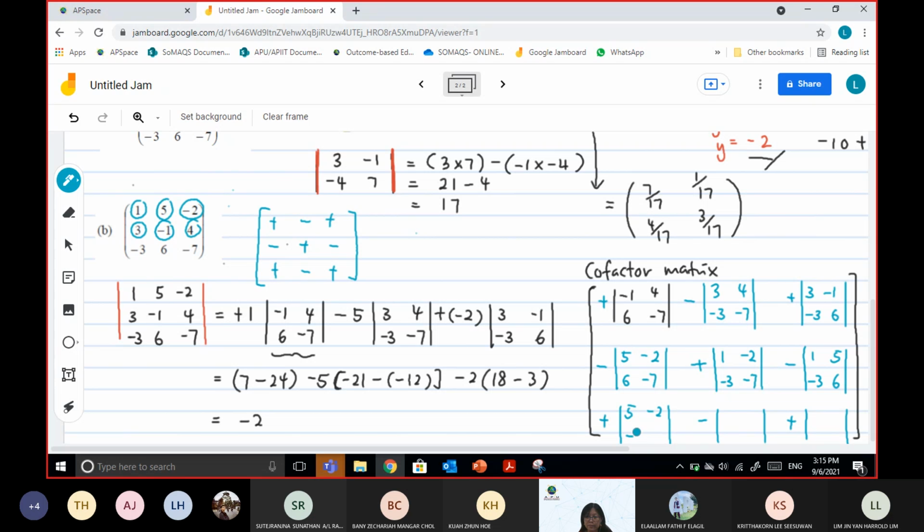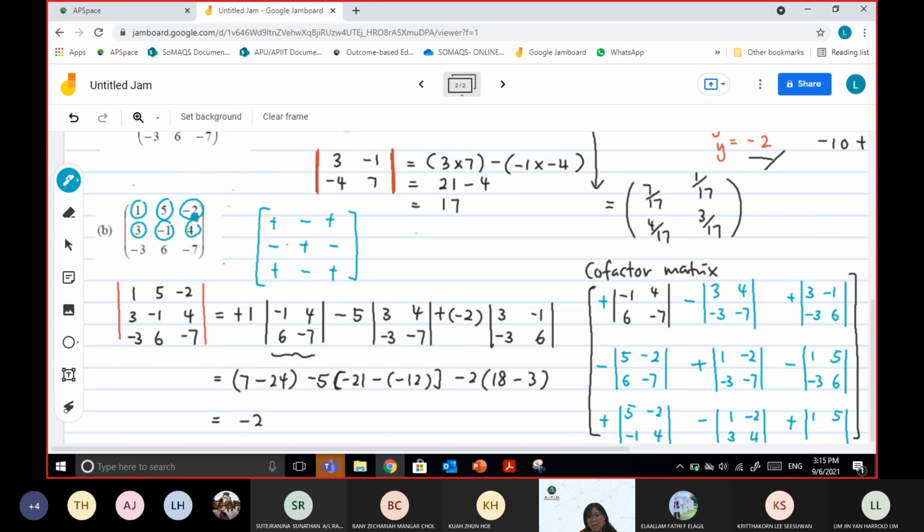Negative 1, 4. Then next one. 1, negative 2, negative 2... 1, 3, negative 4. And the last one? 1, 5, negative 3, negative 3. Is it negative 3?